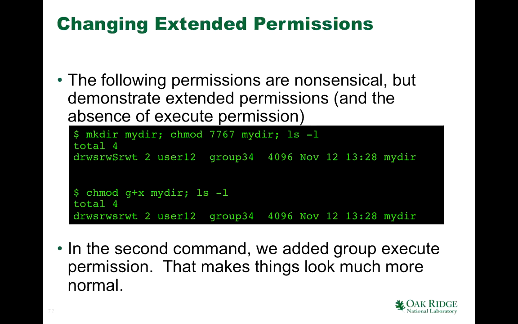And I'm basically enabling everything except group execute access, because that number is a 6 instead of a 7. So when I list the file, you see a big capital S in that spot telling me something is wrong. If I then use the symbolic mode to change group permission and grant execute, so g+x, and then list it again, everything is lowercase, everything is what we would expect.